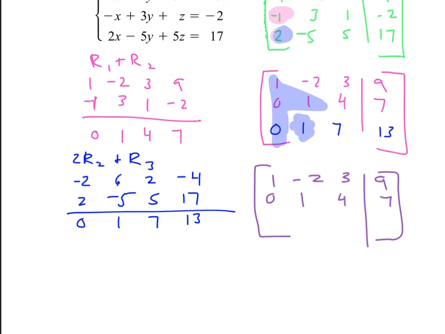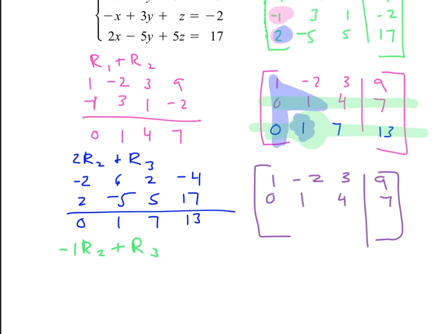Can I add these two rows together to get a 0 here? No. Why? Can I multiply something and then add it together? Negative 1. Yes, let's multiply the second row by negative 1. So negative 1 times row 2 and add it to row 3.